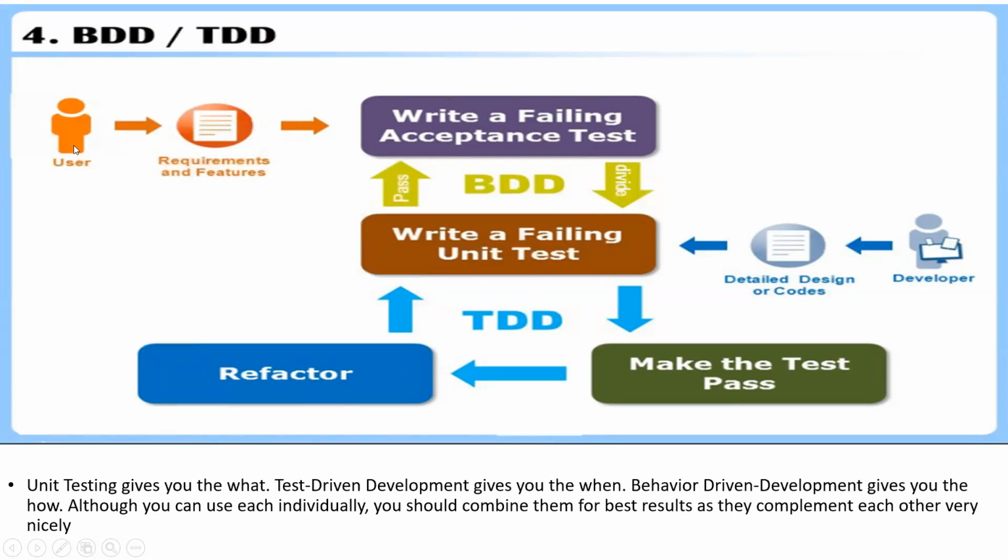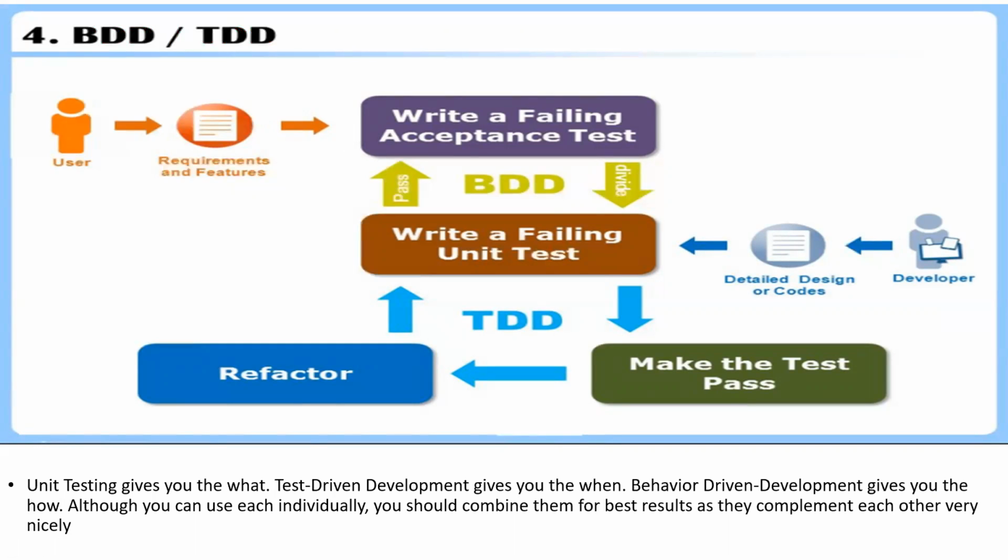And when it comes to behavior driven development, in this pink and orange color, the user is here. So the user will look at the requirements and features, and a failing acceptance test. He will make some change to fix it, and again start executing the code, and he will get a successful test case here.